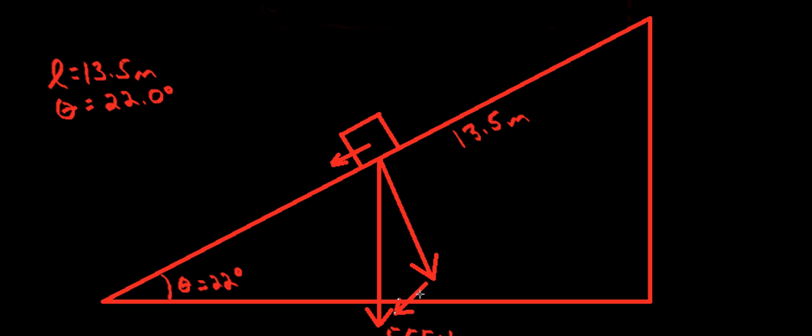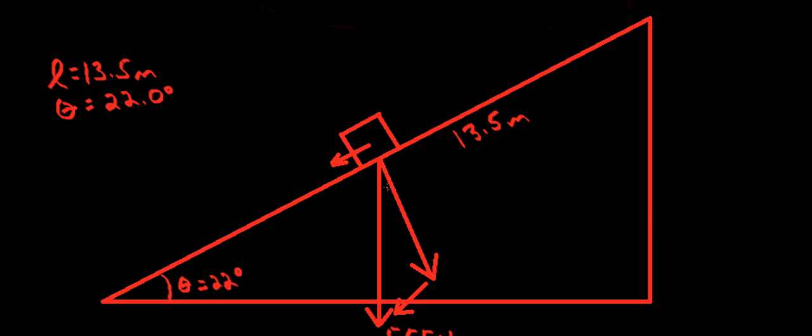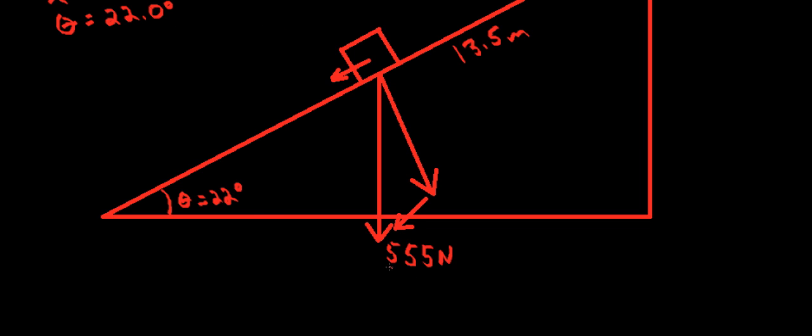And this vector here will have the same direction and magnitude as this vector up here. Alright, so that's really what we're solving for. First thing we need to do is work out a little trigonometry to figure out this angle here specifically, so we can use some of the trig functions to solve for these two components of our 555 newton vector.